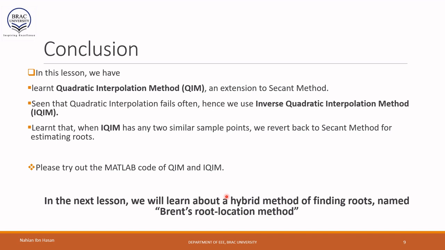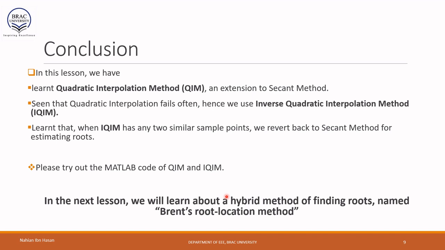The inverse quadratic interpolation method gives a much more precise root for our problem than the secant method or Newton-Raphson method, because we are using more information, more data points, to fit the curve. That's why the IQIM method performs better than the secant method or Newton-Raphson method in terms of accuracy.